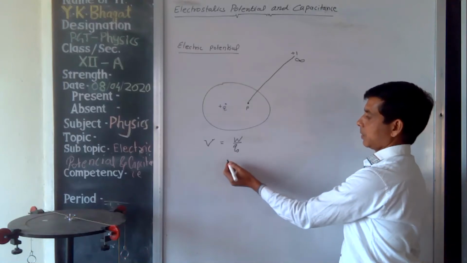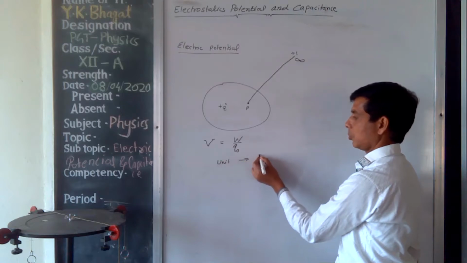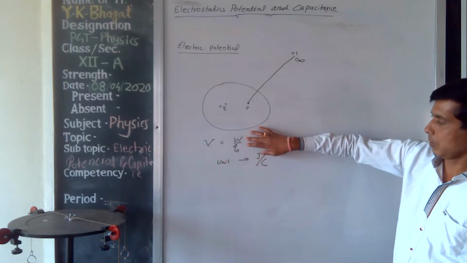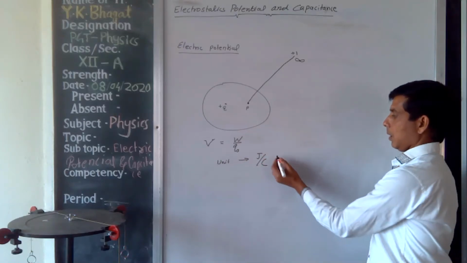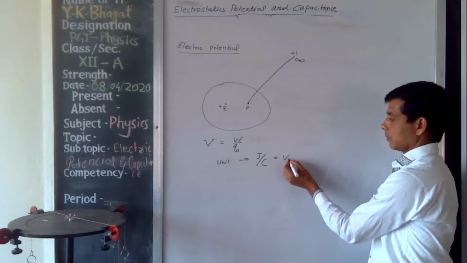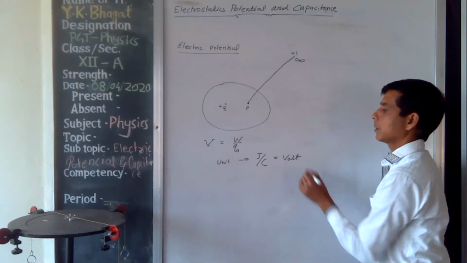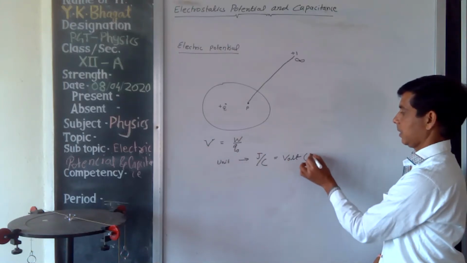Its unit will be joule per coulomb. Why joule per coulomb? Work is in joule and charge is in coulomb. It is named volt. The SI unit of electric potential is volt, represented by capital V.